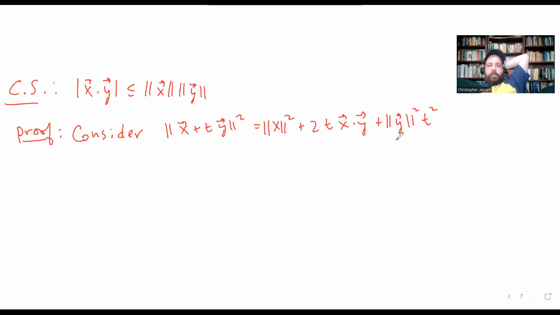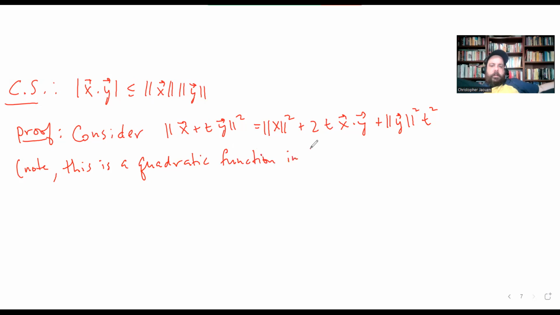So notice you end up with a quadratic function in the variable t. So note this is a quadratic function in t. So we can figure out what the minimum value would be, which would be at the vertex.